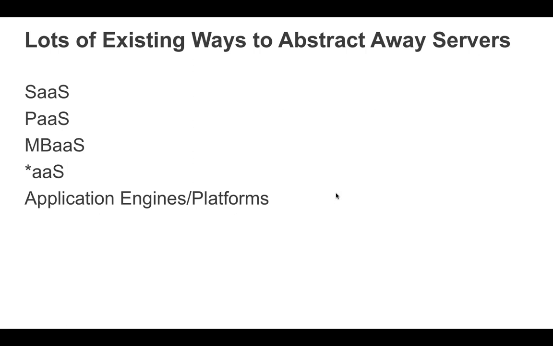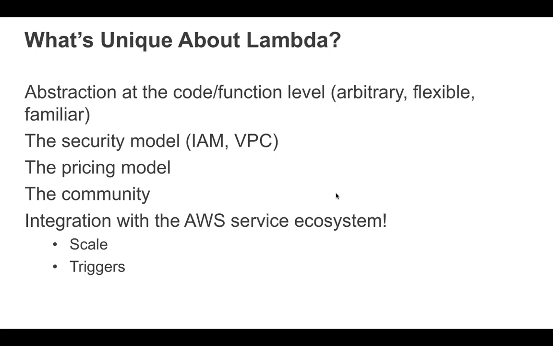Where serverless is much more powerful and capable is in those integrations across the AWS platform, that event-driven approach. Software as a service and platform as a service specifically were isolated individual services. Serverless, utilizing Lambda and other services, integrates across the AWS platform.